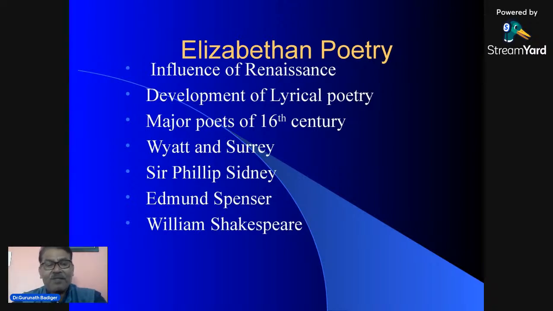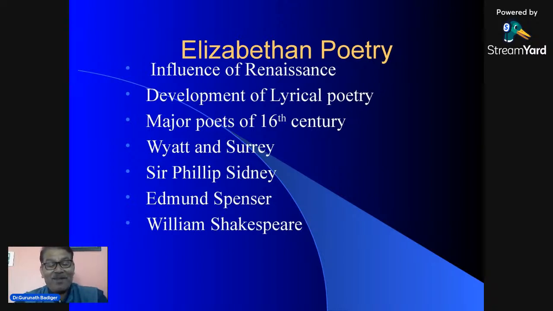So these aspects are necessary. Why there was lyric, why there was sonnet, why there were some narrative poems. So this is a completely robust age of songs and sonnets.